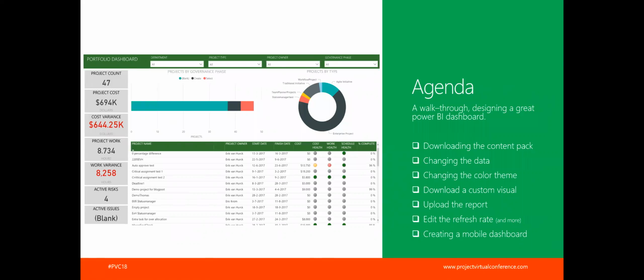Then we're going to download some custom visuals and update the data using those custom visuals. We're going to upload the report to Power BI service, so going online. We're going to edit the refresh rate and do some more things there. And then finally, we're going to create a mobile dashboard, because nowadays we want to have our data in every way possible.